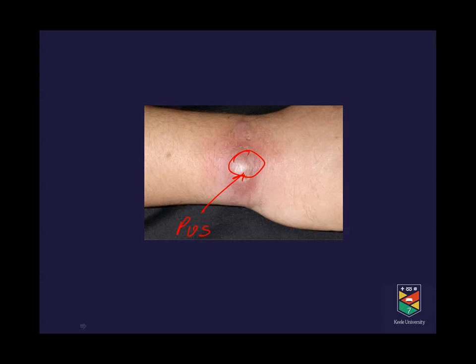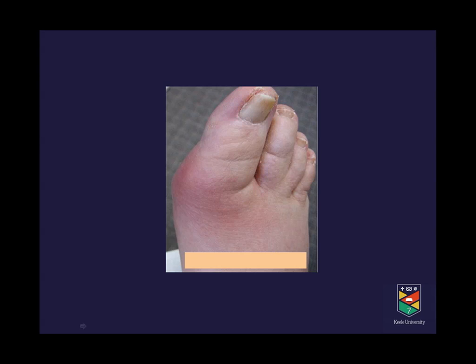So you've got the rubor, the calor, the dolor, the tumour there in that picture, the little abscess. Whereas this one here, you've definitely got heat, you've got swelling, you've got redness in this section here. It's probably quite painful as well.